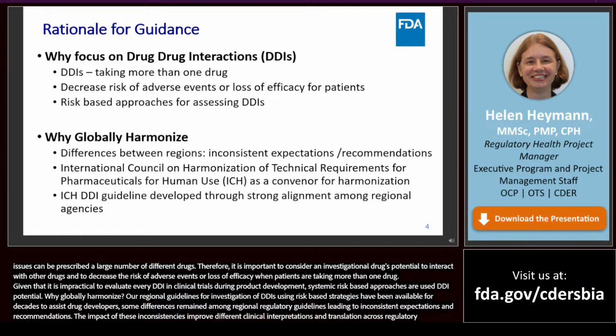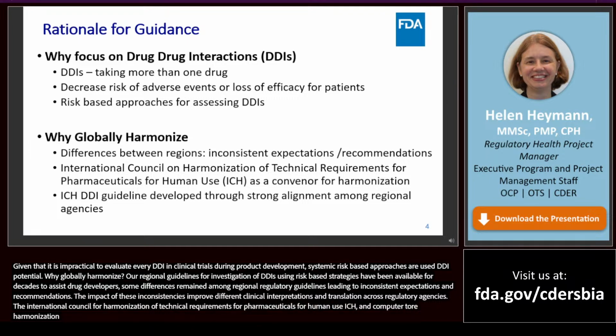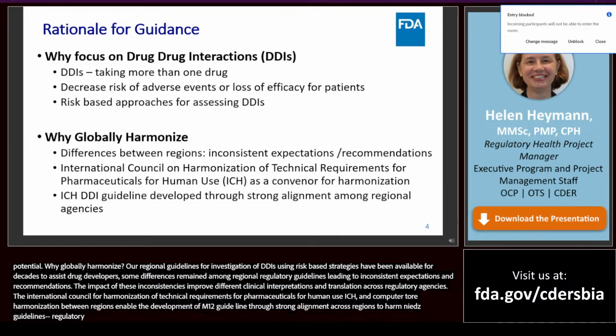The International Council for Harmonization of Technical Requirements for Pharmaceuticals for Human Use, ICH, a convener for harmonization between regions, enabled the development of the M12 guideline through strong alignment across regions to harmonize stepwise risk-based strategies used by multiple regulatory agencies to assess DDIs.